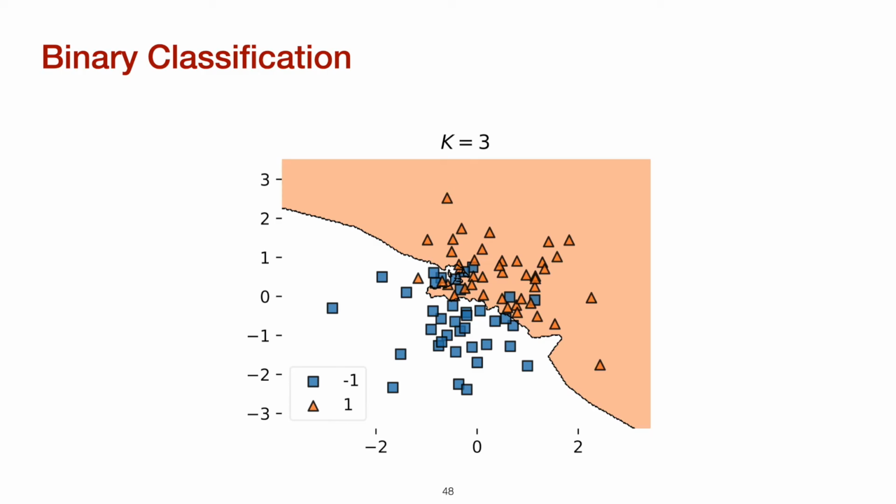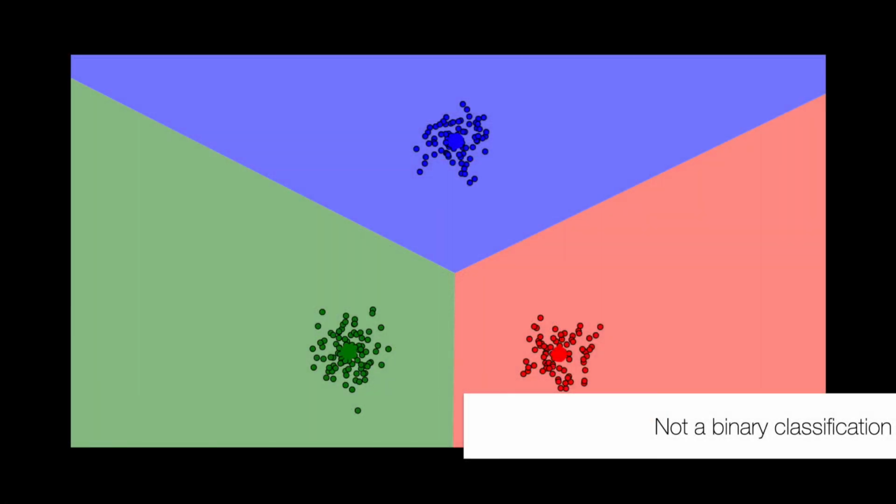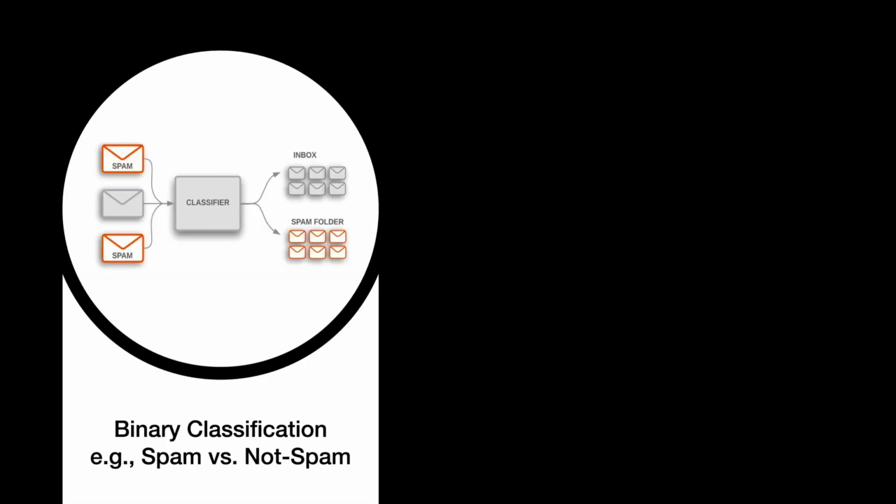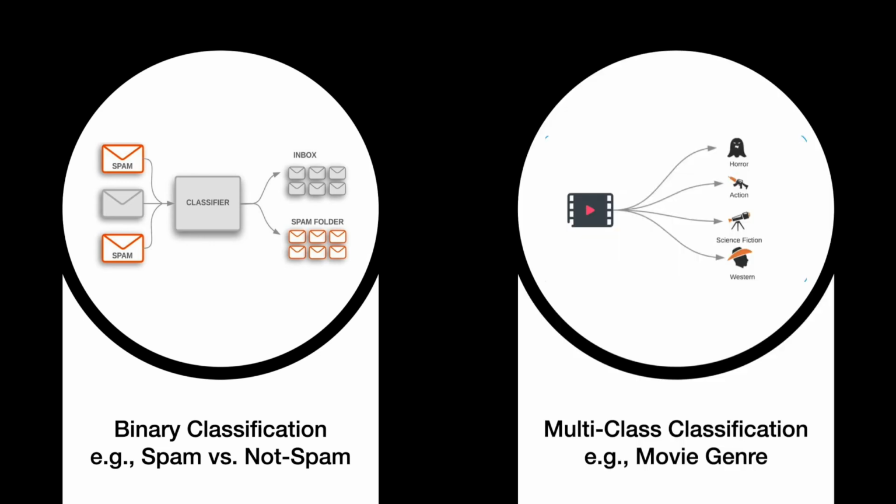But that's not the only task that you might do. So binary classification we've seen, but we've seen non-binary classification as well. So here, this is an easy example of a three-class classification problem. The spam, not spam example you see a lot is a clear binary classification problem, but other kinds of problems exist. So imagine we want to predict the primary genre of a movie, given whatever set of features we have, actors and ratings, etc. Then clearly there's more than just two classes here.